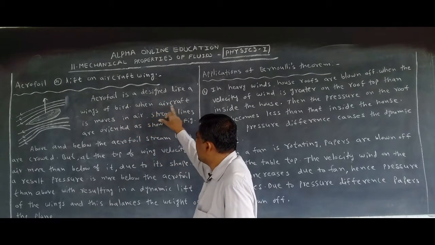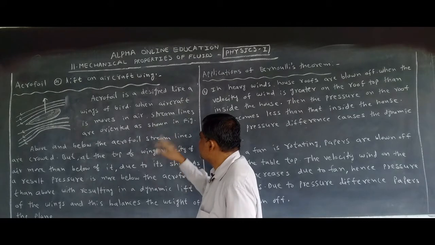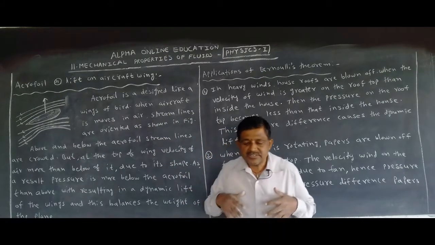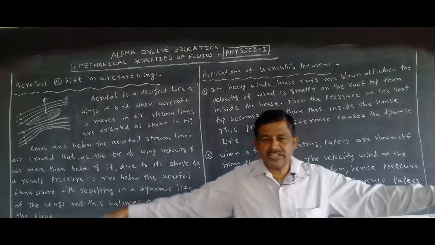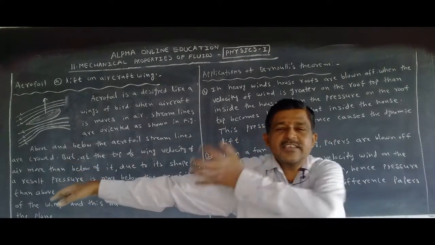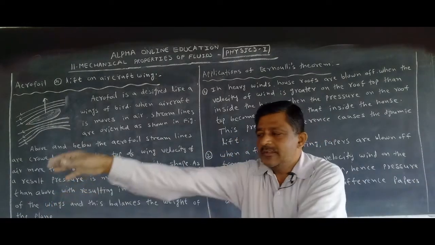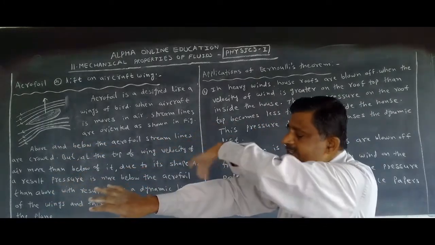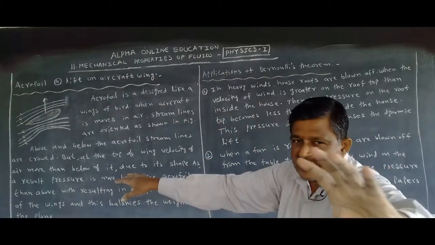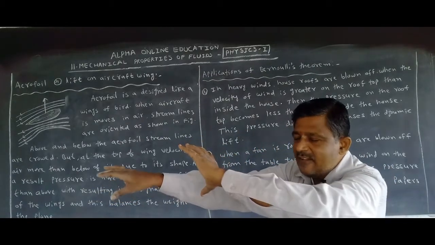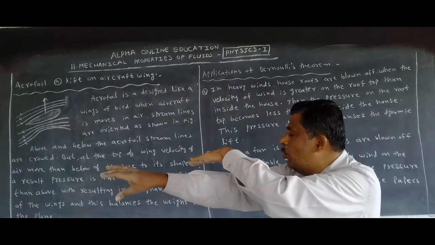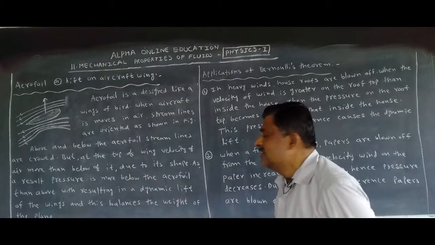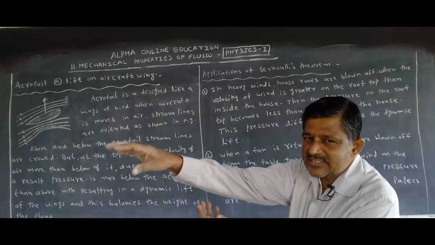When the aircraft moves in air, streamlines are oriented as shown in the figure. When the aircraft is in motion, these are the wings. Here the area is more, but here the area is less. So the wind blows with a high velocity above the wing, but below the aerofoil the streamline velocity is less.